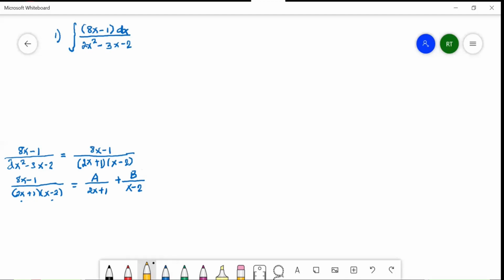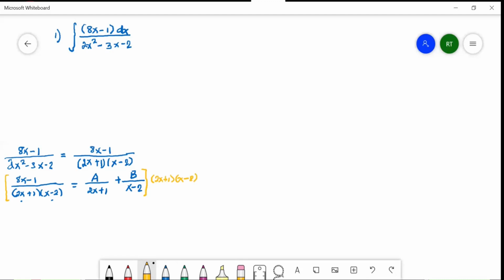And to determine the values of A and B, we can simplify the resulting equation by multiplying both sides of the equation by the LCD, 2x plus 1 times x minus 2. Sorry, this should be 2x plus 1.